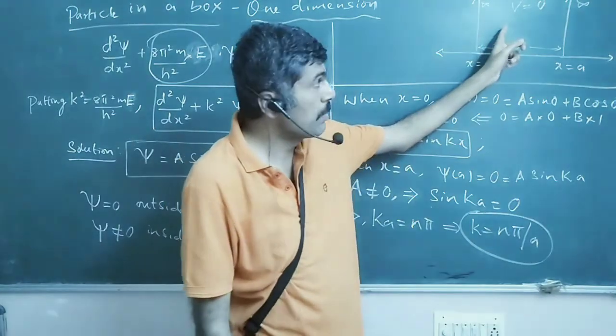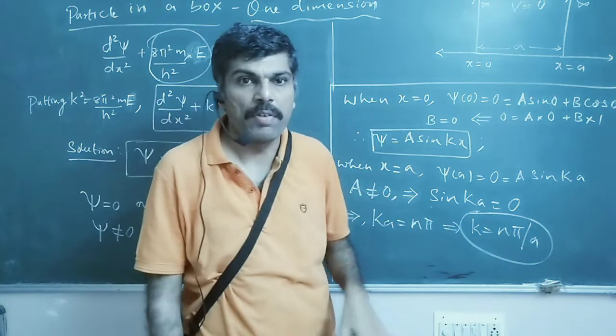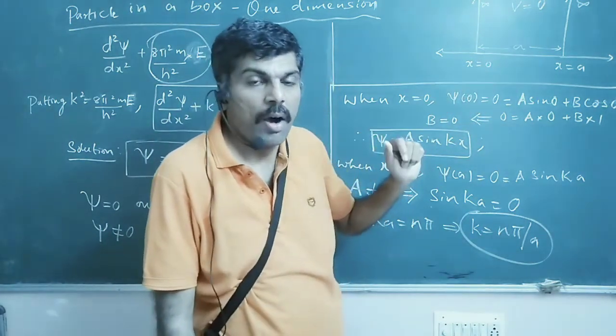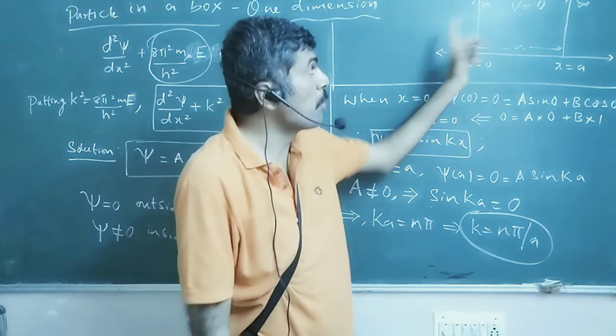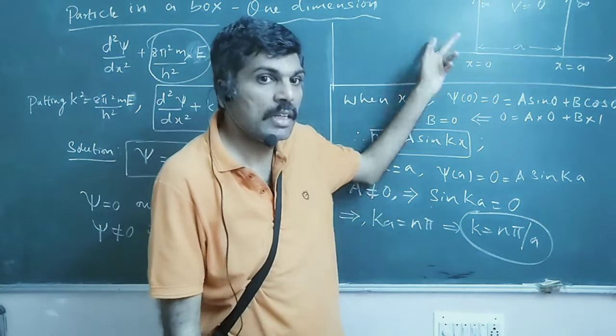Since the particle has to be found within the box, psi cannot be 0 inside. The wave function cannot be 0 inside the box. Also, the particle cannot be found outside the box. Therefore, psi has to be 0 outside the box.